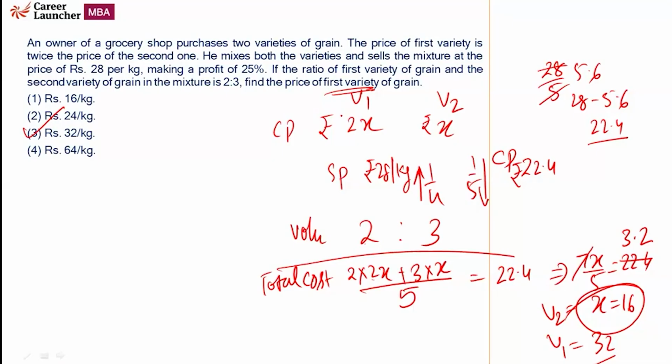Does anyone have any doubt? It's very simple. Whatever it is saying, you need to apply that. Any doubts, anyone want to ask? The 22.4 rupees per kg that you are saying is the price of the mixture, because you were selling it at 28 by making 25% profit over it. So 5.6 is what you have gained as profit.